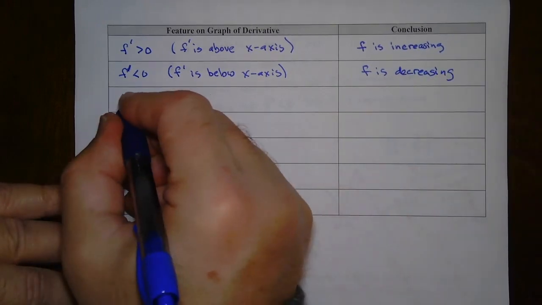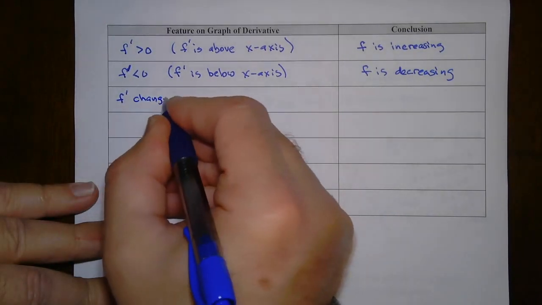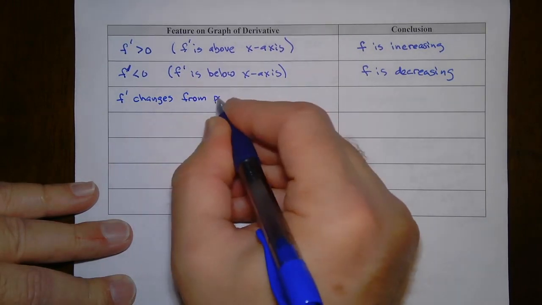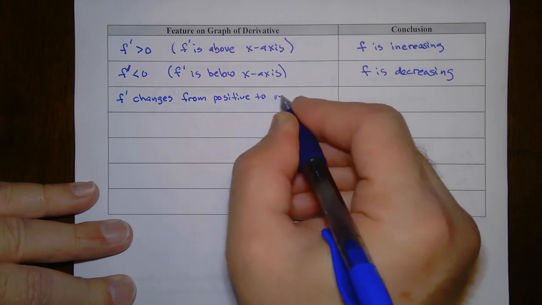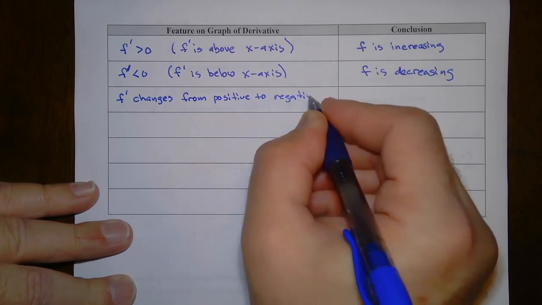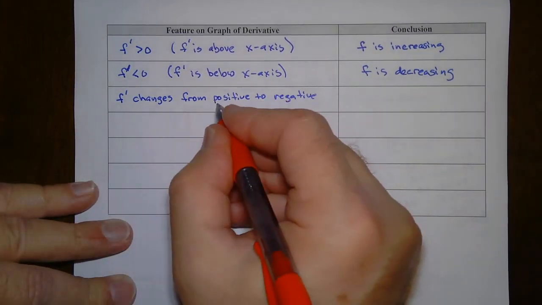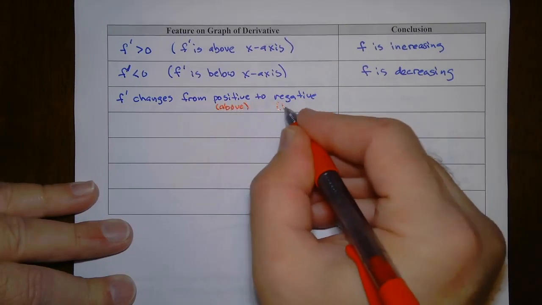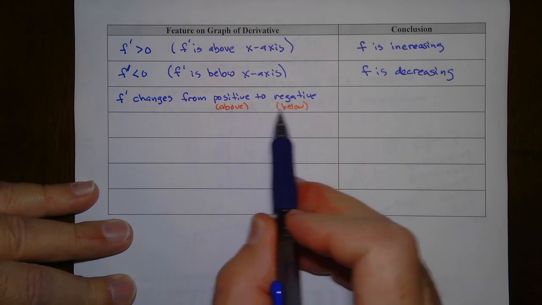If f prime changes from positive to negative, and that would mean, if we're looking at the graph, changing from above to below, then that would mean f has a relative max. Now, please don't use above and below in your justifications. You can't.